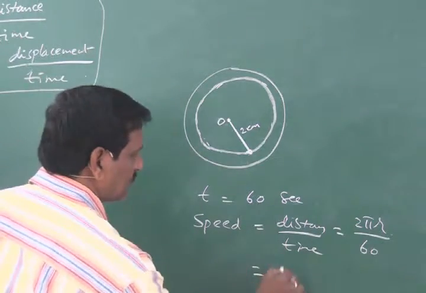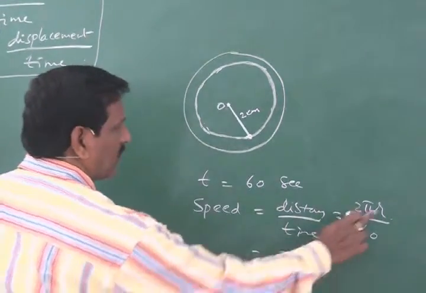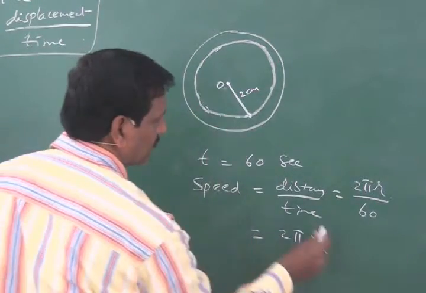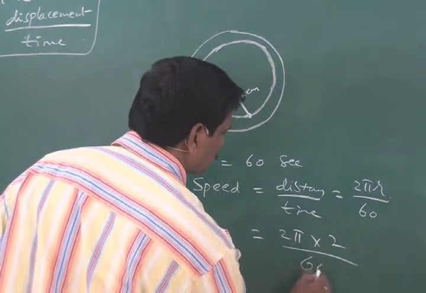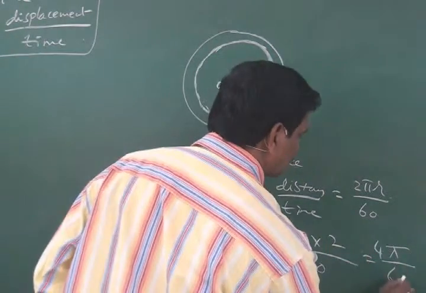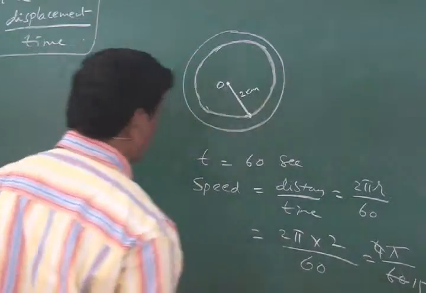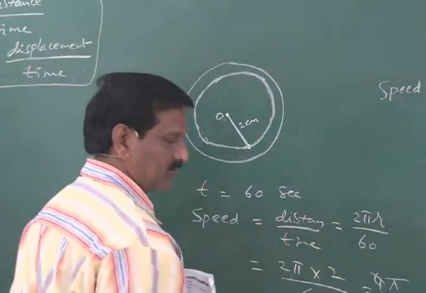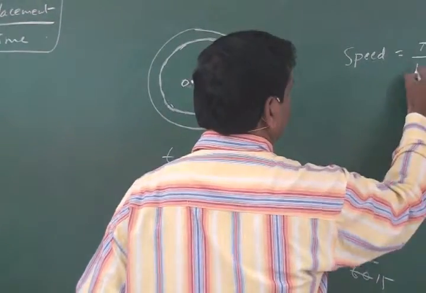That is, speed is equal to 2 pi into r, where the radius is the length of this hand, 2 centimeter, by 60. This is 4 pi by 60, which is pi by 15.